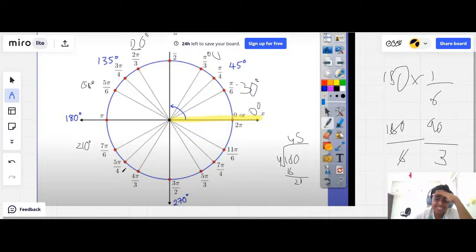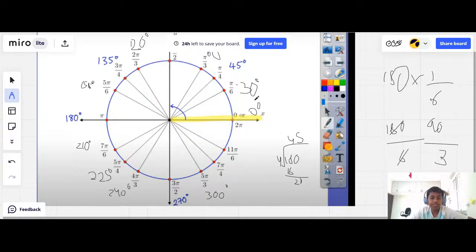Okay, so it's times 5. So 5 into 4, that's 10. Why can I not do multiplication? 200. 225. If that's wrong, I'll kill myself. 60, okay, this is 240. 275. 30, 60. 60 times 5 is 300 degrees.